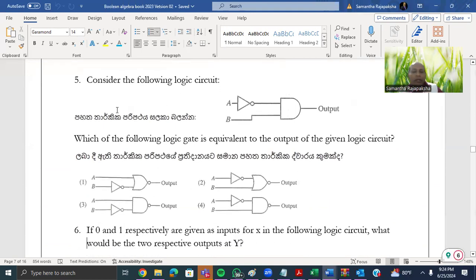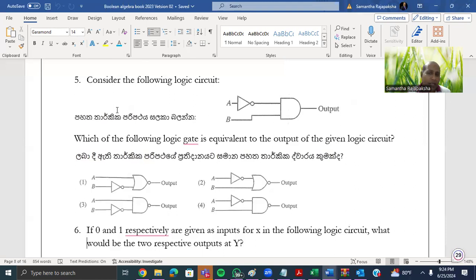Now when you are given this kind of question, there are two ways to do this. One is you can get the Boolean expression, apply the rules, simplify, and find out which two are equivalent. Since we have not yet studied the rules, we are going to discuss the rules of Boolean algebra in the next lesson.